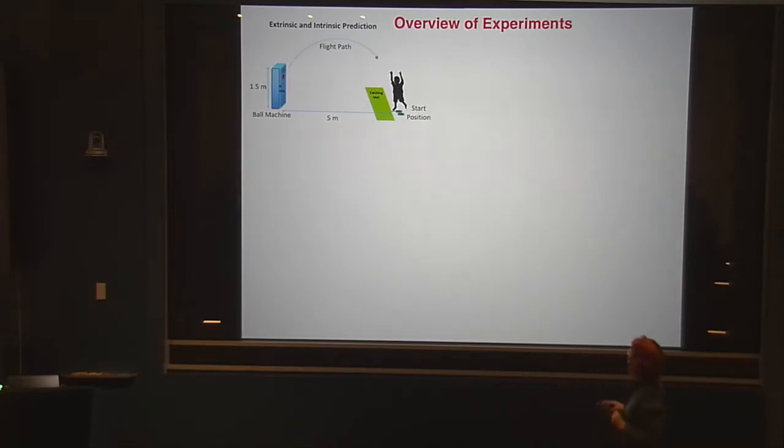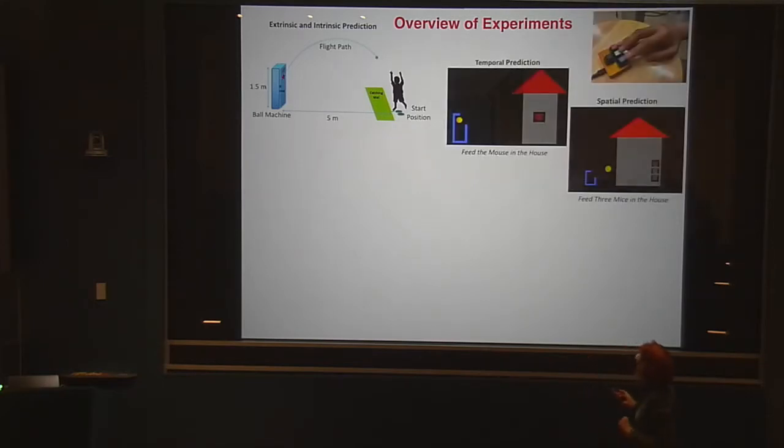So how did we then continue? Here are our experiments. We start to test intrinsic prediction with realistic catching. We then go all the way down to reducing the motor element to just key presses and have two different tasks for spatial and temporal prediction.